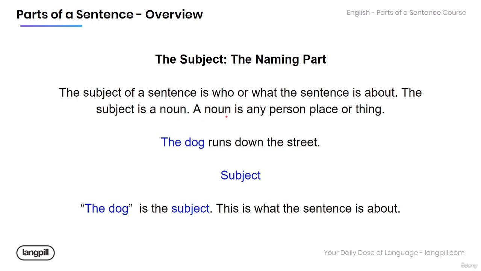In English, a noun is any person or place or thing. So again, our example sentence, the dog runs down the street. This is our subject. The dog is a thing, right? It's an animal. This is who the sentence or what the sentence is about. The dog is the subject.